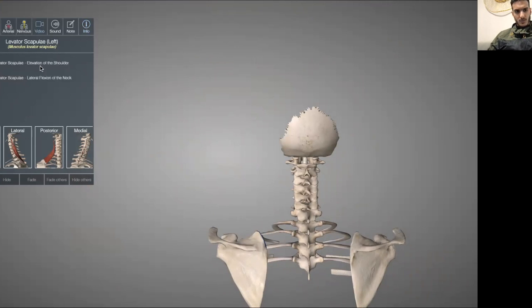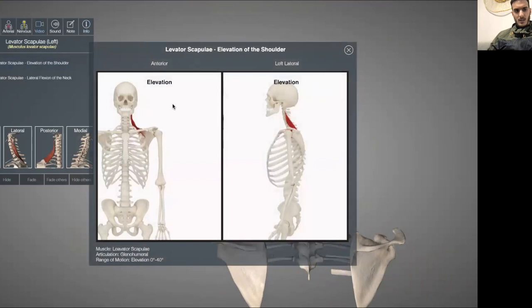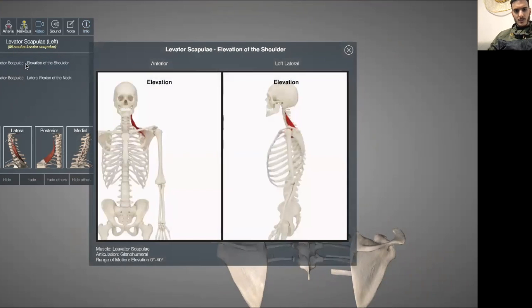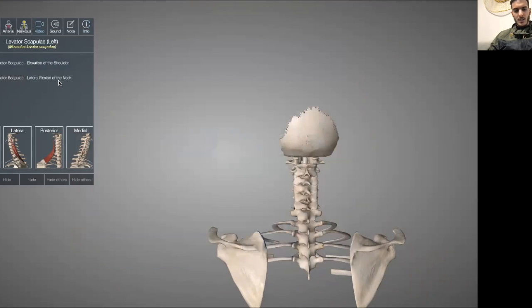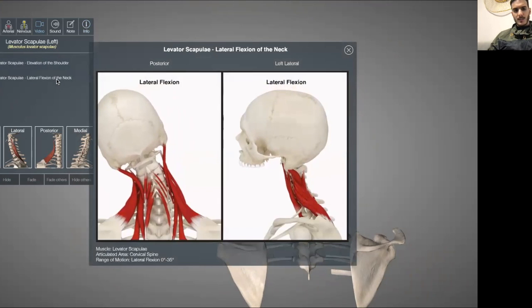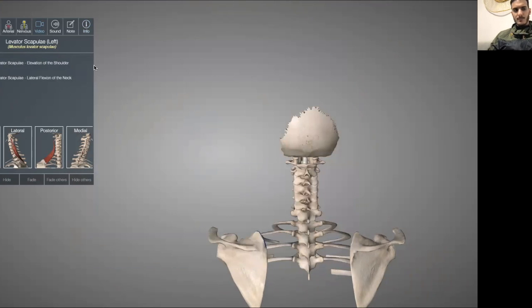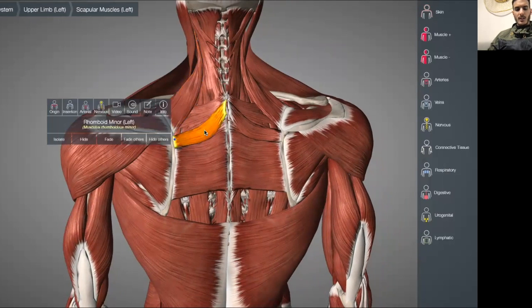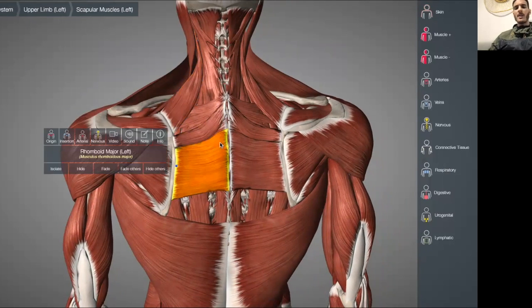We can also see how it elevates the shoulder right there. You can see that the scapula is part of the shoulder, or it would cause this motion. That's the levator scapulae.